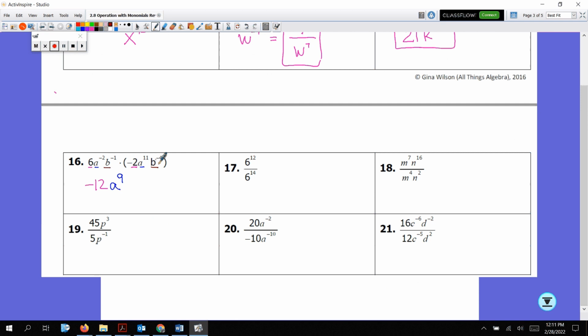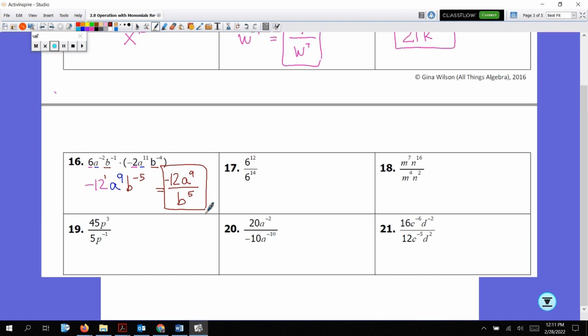Negative 1 plus negative 4 is b to the negative 5. All right? Everything's cool here except for that b has a negative exponent, so I need to rewrite this whole thing. My positive exponents, right, there's a positive 1 here for that 12. All my positive exponents stay in the numerator. But my negative exponent comes down below, and then I can change it to a positive.